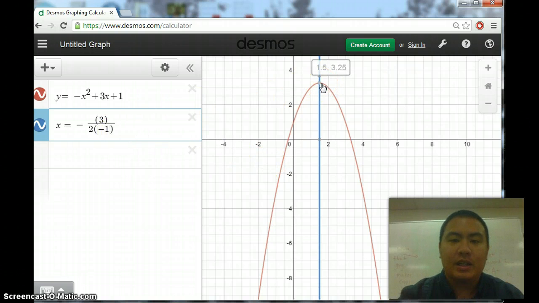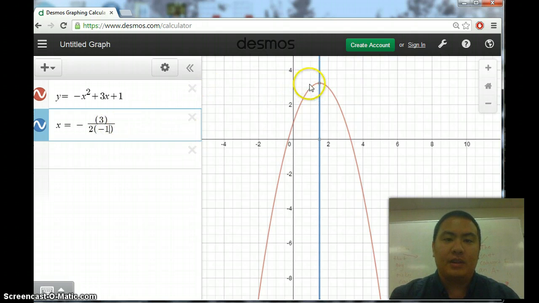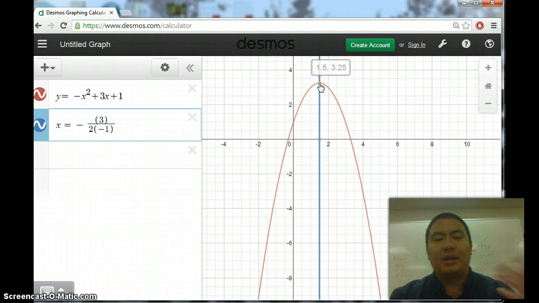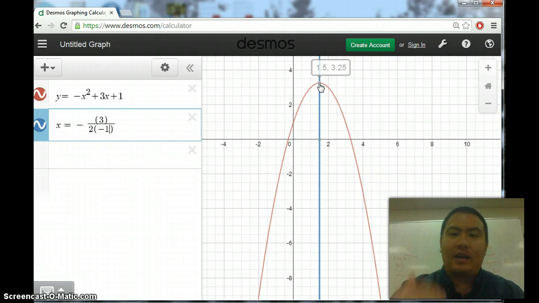If you look at it, you can see that that point is 1.5, comma 3.25. So once you find the axis of symmetry, you'll find the x for it, which is this 1.5, and you plug it back in and you'll get the y, which is 3.25. And I'm not going to try to make anything really fractional to throw in there to confuse you. But that's essentially how it's going to be every time.